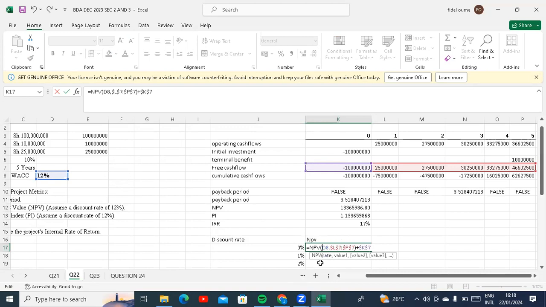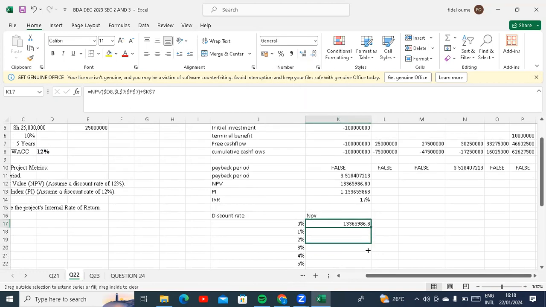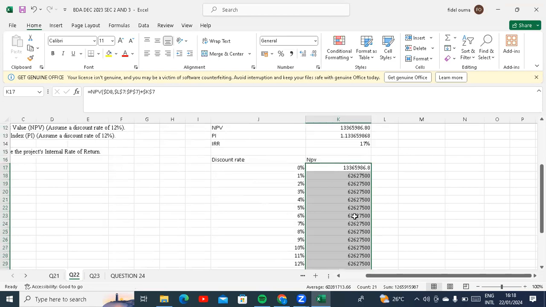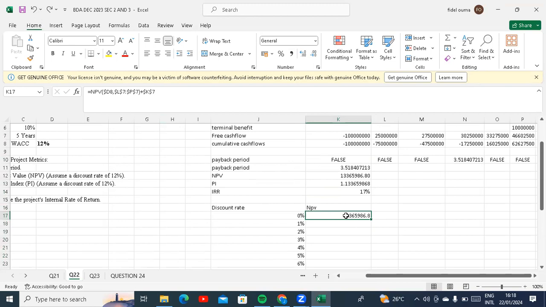Then I'll also have to shift, that, then enter. So general. I don't know where the problem is.